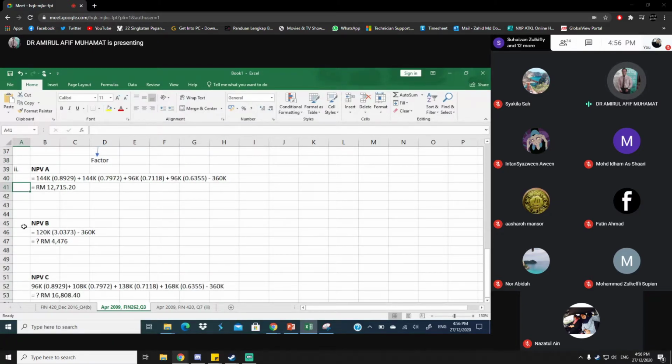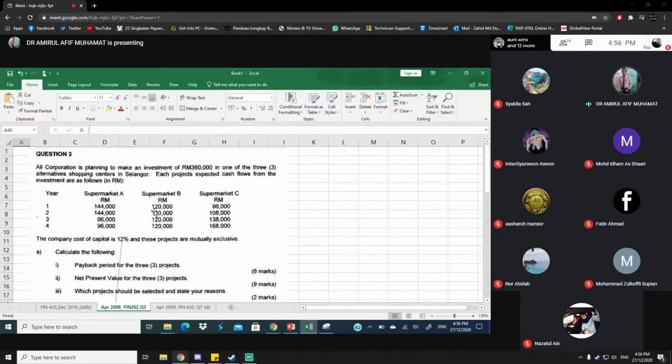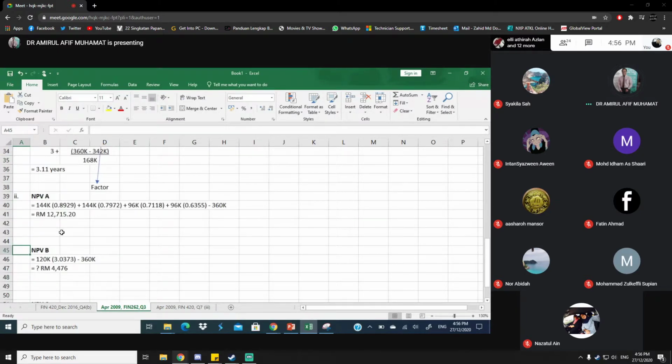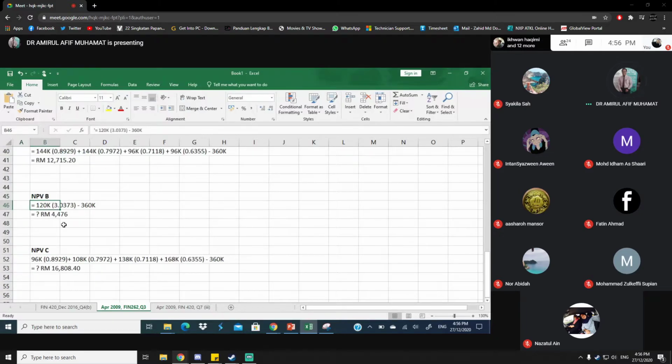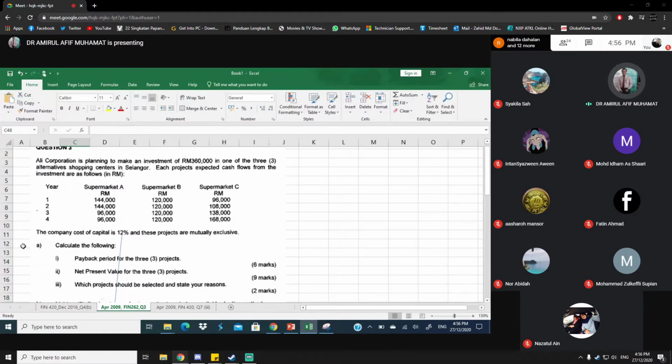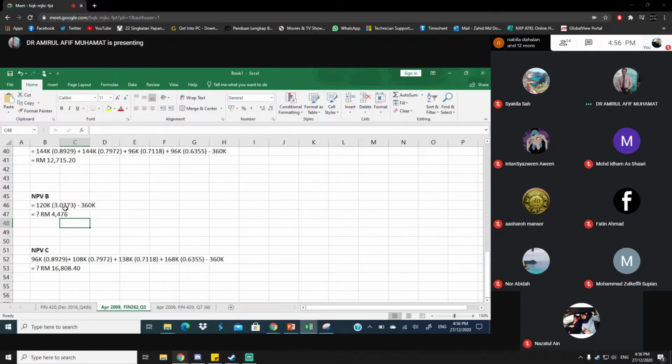Now B is annuity. Every year is similar, 120,000. So 120,000 times the factor of annuity for 4 years, which is 3.0373.